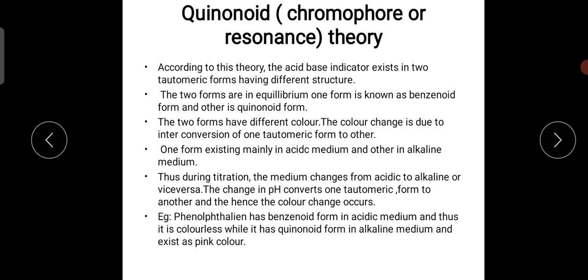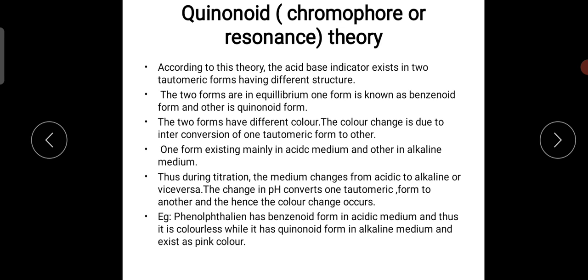The color change is mainly due to the change from one form to another form. One will be in acidic medium and the other in alkaline medium. During titration, the medium changes from alkaline to acidic or acidic to alkaline. This is mainly due to the change in pH.